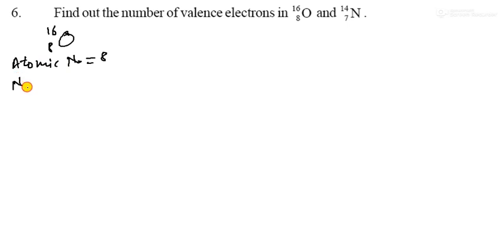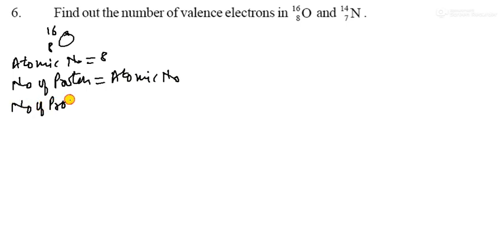So the number of protons is equal to the atomic number, and its atomic number is 8, so you can write 8. So the number of electrons is equal to the number of protons.